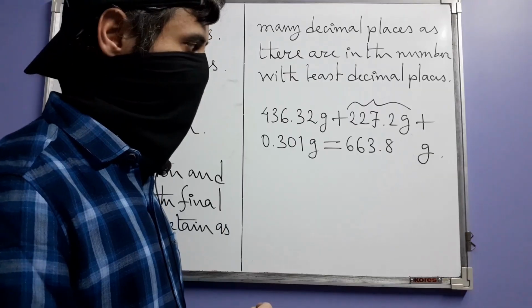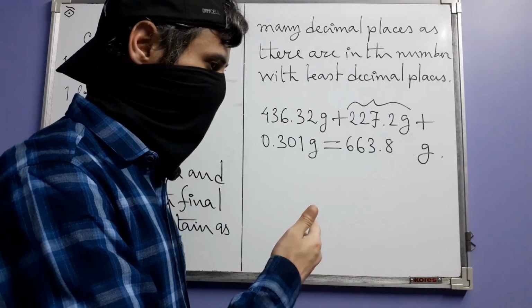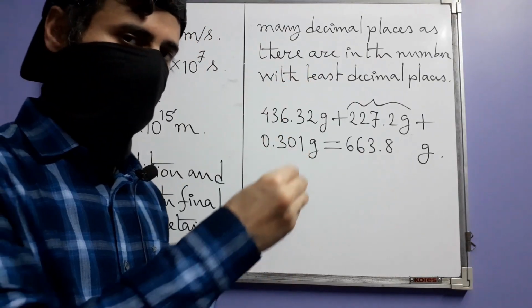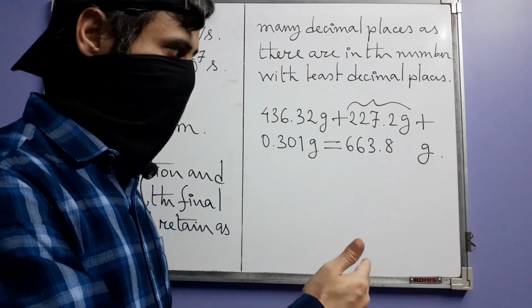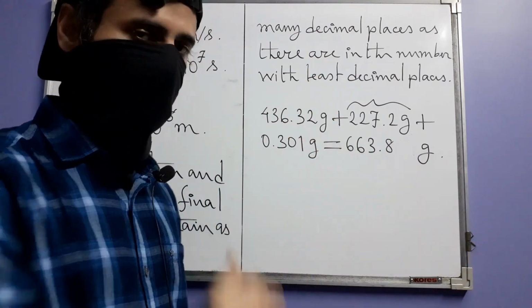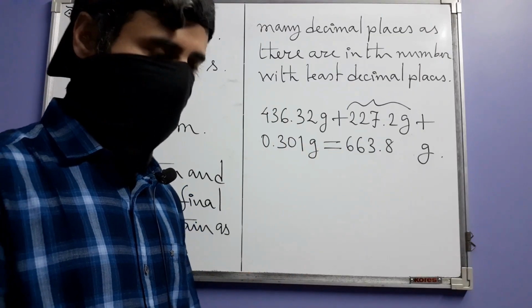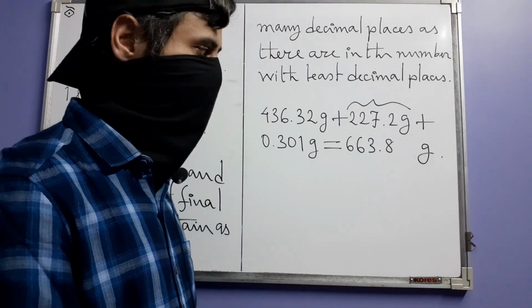What will you do if the digit is greater than 5? You already know these rules a little. If it is greater than 5 and that's where you are cutting the number, then you add a 1. Otherwise you don't add, but there are some other things also that we will discuss in the next video.